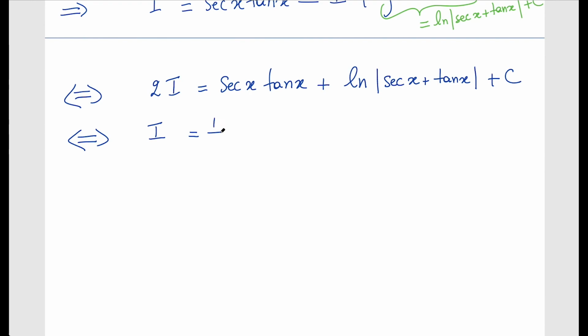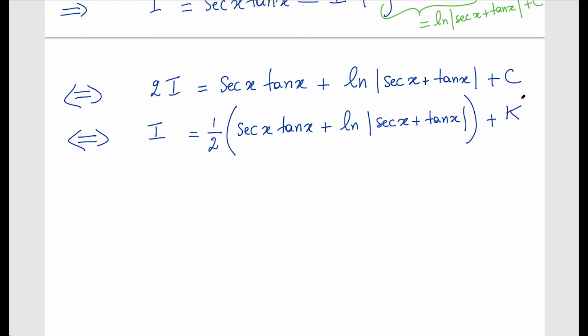So it's going to be half of secant x tangent x plus ln of the absolute value of secant x plus tan x plus half c. Let's just keep it half c.